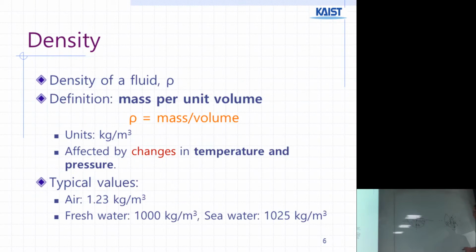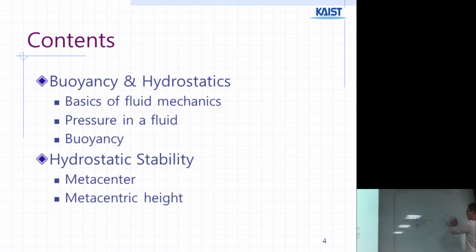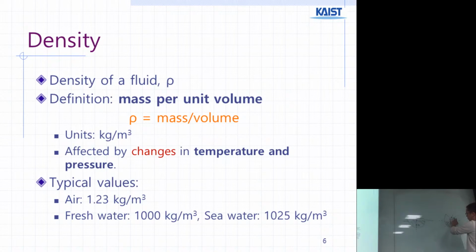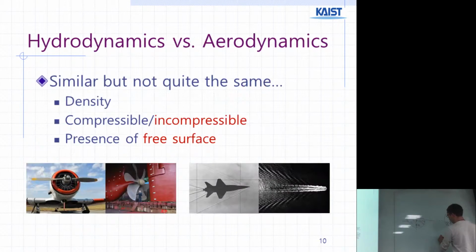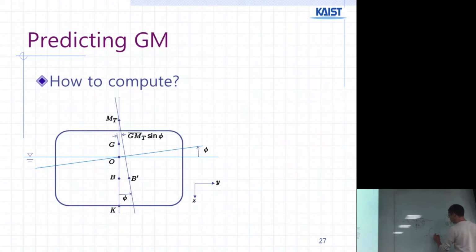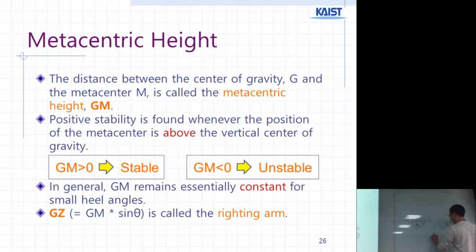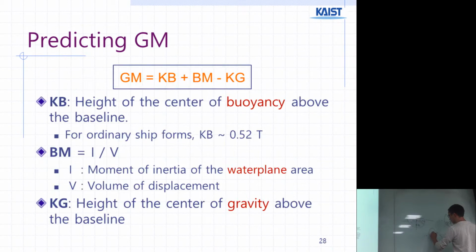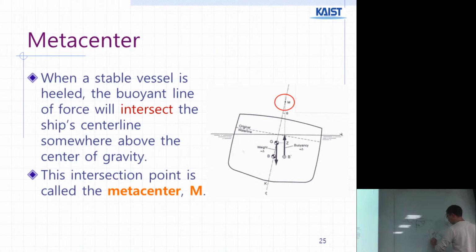The problem is that if, for example, you had a ship with a metacenter at a different position, let's say under G. If I redo this, we still have G here, the center line here, and M is around here, and my buoyancy center is around here.